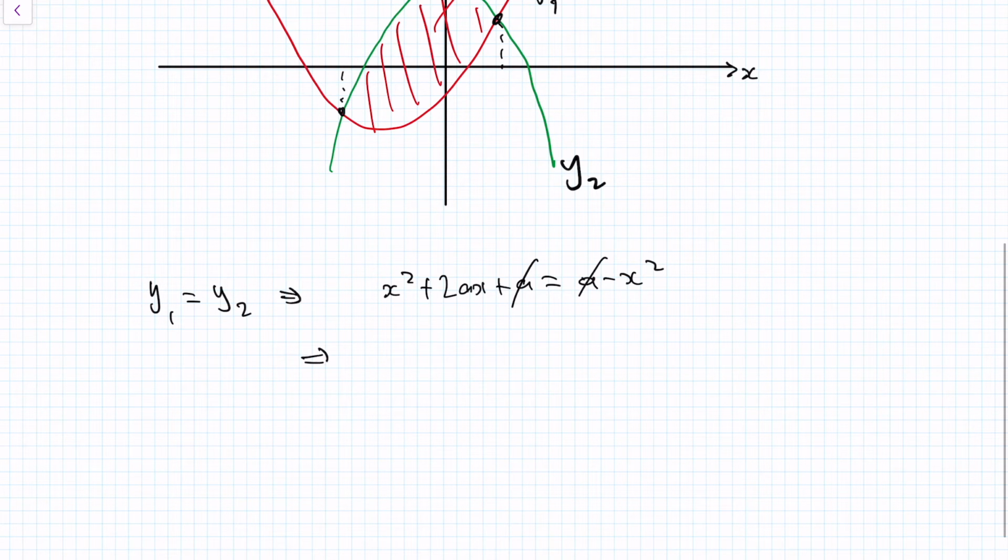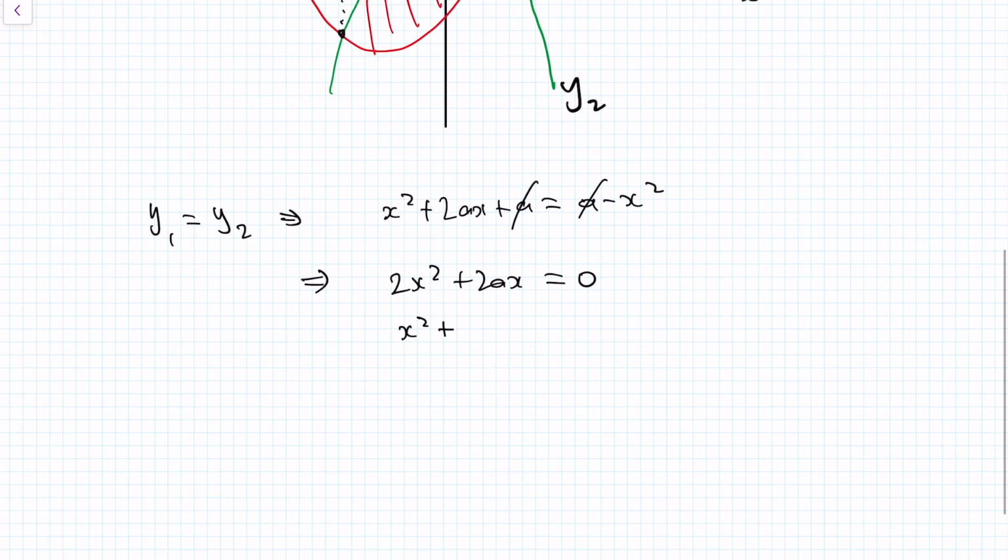Cancel a's. That implies we have 2x squared plus 2ax is equal to 0. x squared plus ax is 0 implies x(x plus a) is 0. x is equal to 0 or x is equal to minus a.